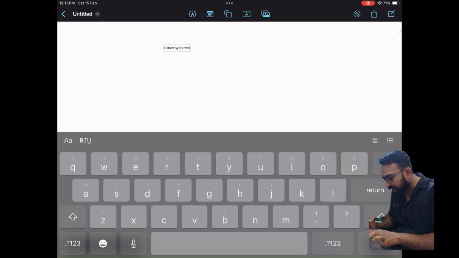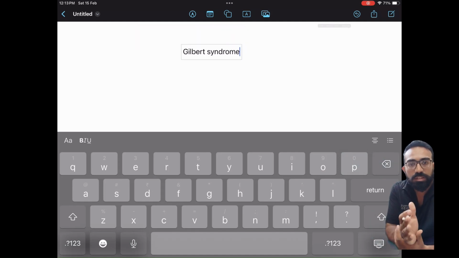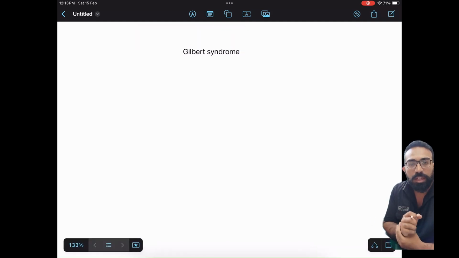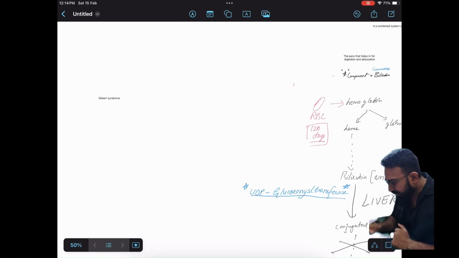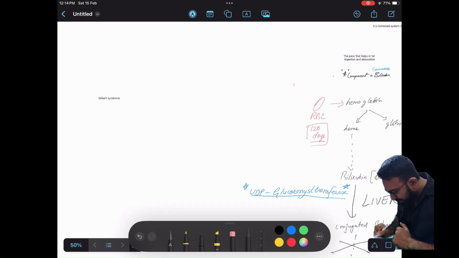Let's discuss what this Gilbert syndrome is. In Gilbert syndrome, there will be a decrease, not an absolute decrease, in the number of this enzyme UDP glucuronosyl transferase. The number of this enzyme is going to be less.